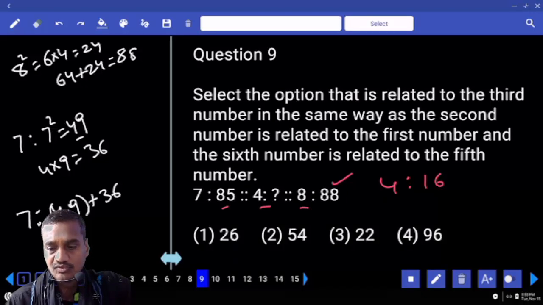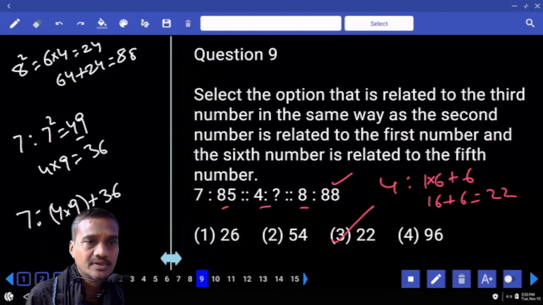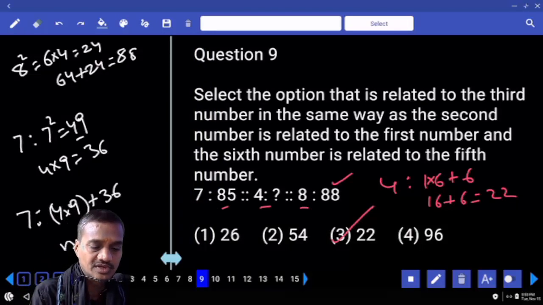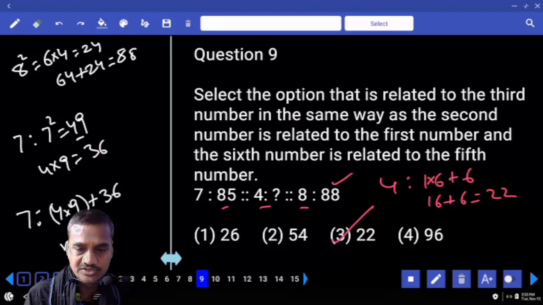Now 16, 1 into 6 is how much? 6. Now 16 plus 6 is how much? 22. So what is your answer? Choice 3 is the answer. That is n square, and the product of the digits of n square is added to n. Question number 9, it is choice 3.